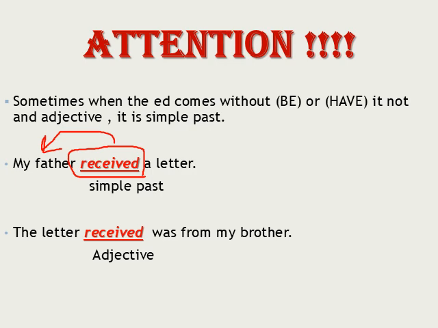Now compare this sentence, "My father received a letter," with the second sentence, "The letter received was from my brother." Here "received," also an ed form, comes alone without a verb to be or a verb to have. But in this case it is an adjective. Fine.